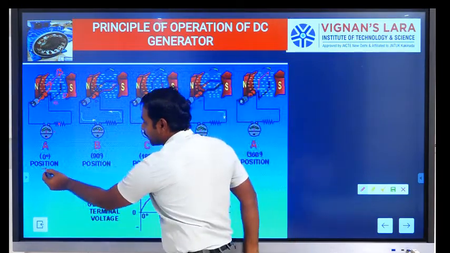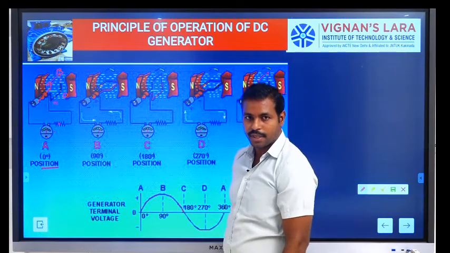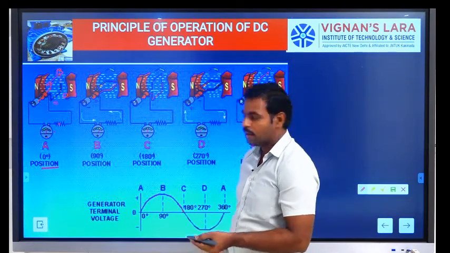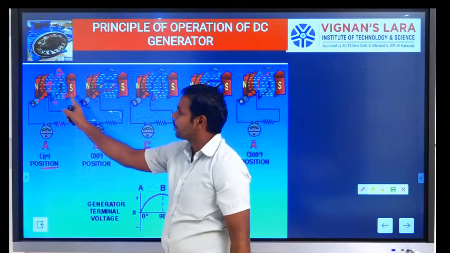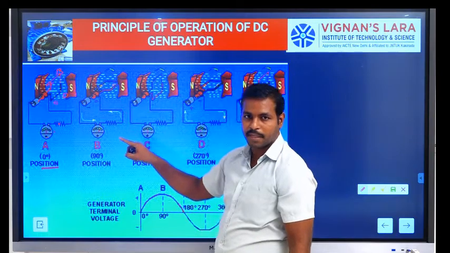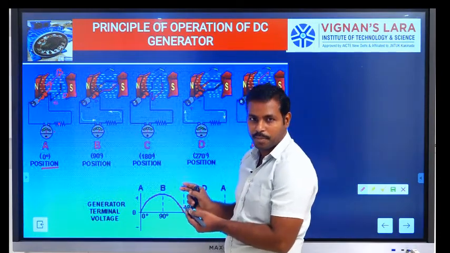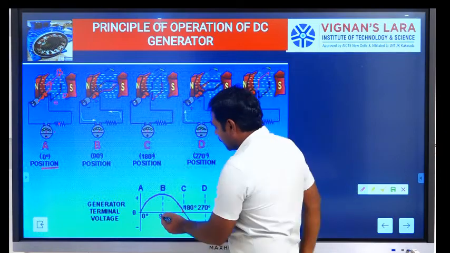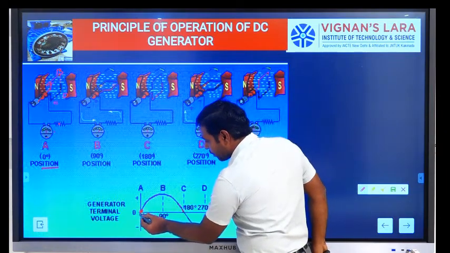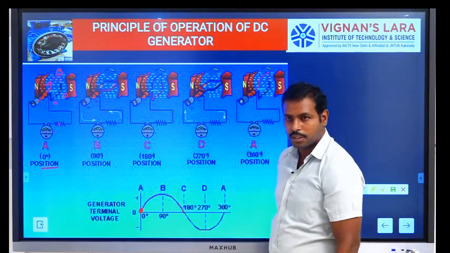At the 0 degree position of the rectangular coil, there is no movement of the coil in the magnetic field. Those conductors do not cut the magnetic field, so no EMF is induced. That's why the induced EMF at 0 degrees is equal to 0.